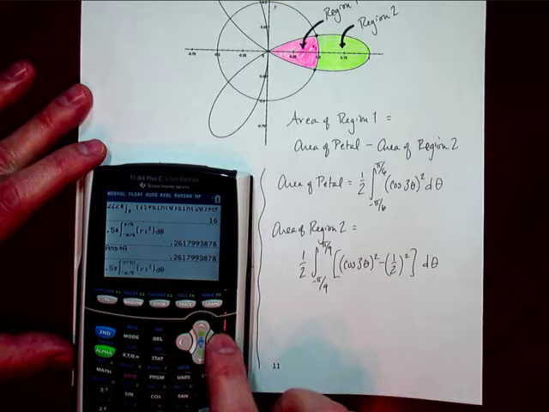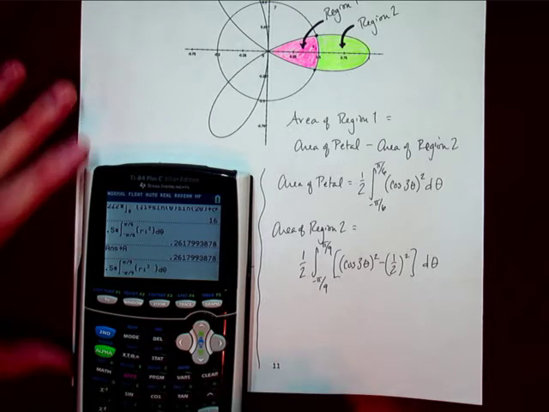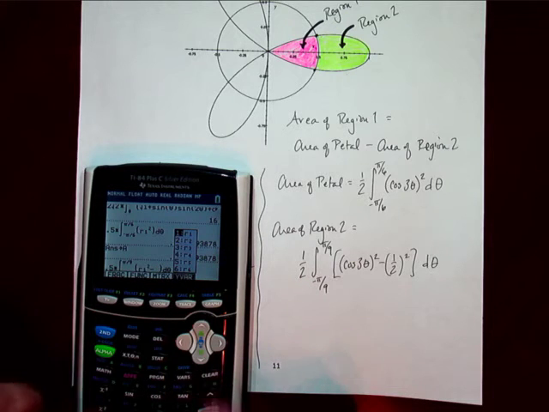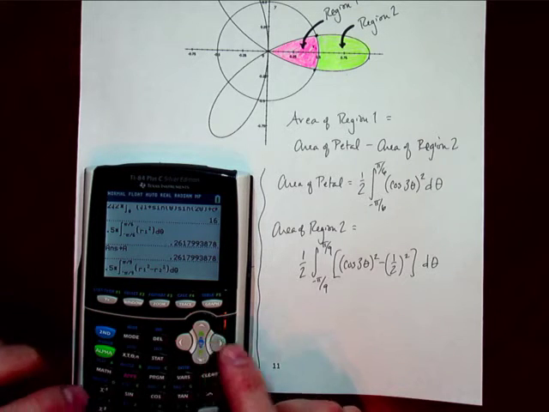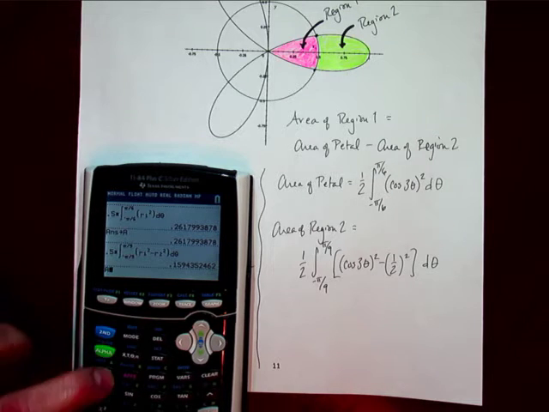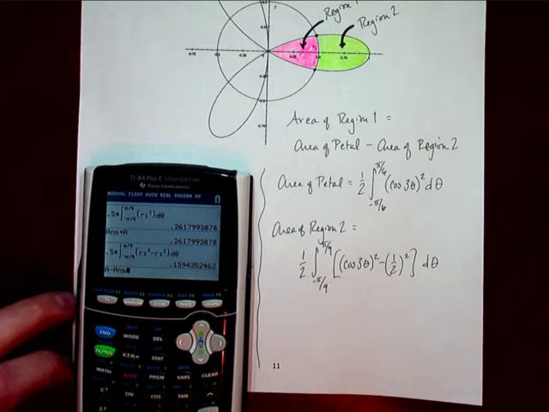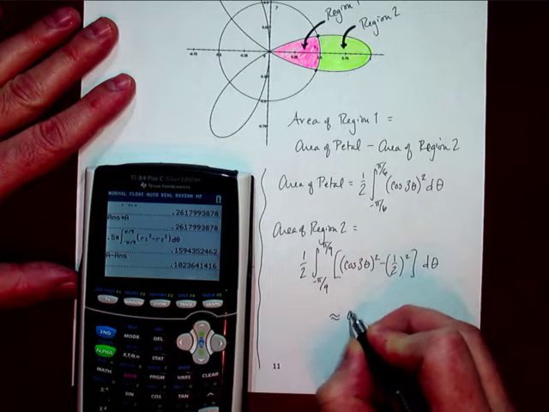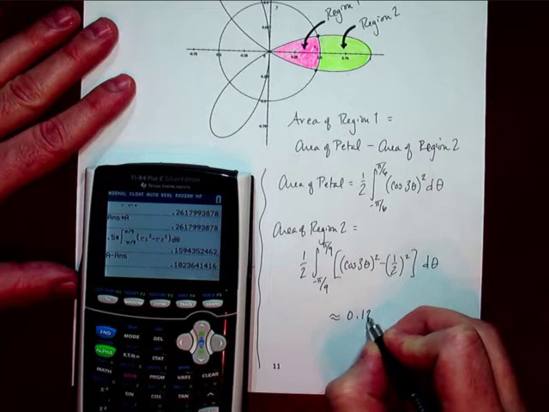Then we will say minus R2, or I mean, it's numerical, you could just put 1/4, R2 squared, and then enter. Basically what we need is the area of the petal minus that area, and what we get is 0.102.